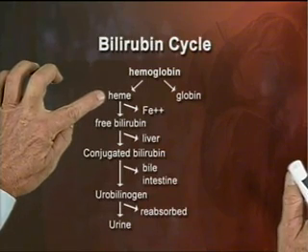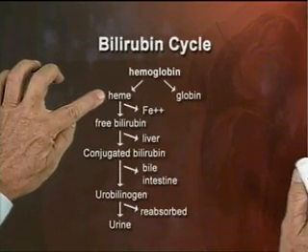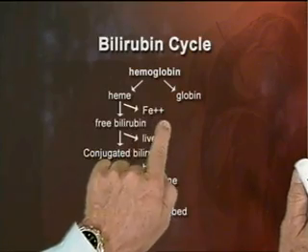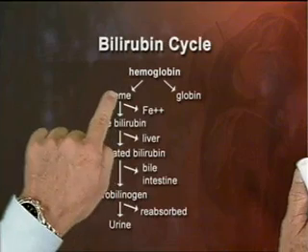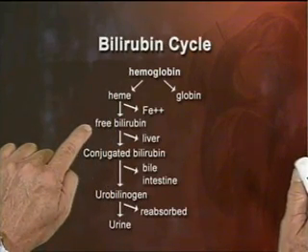Each heme can carry 1 molecule of oxygen. And so, at any rate, when the heme is broken down, the iron is taken out of it, and the resulting material after you remove the iron from the heme is called free bilirubin. Now, free bilirubin is not particularly soluble in blood.